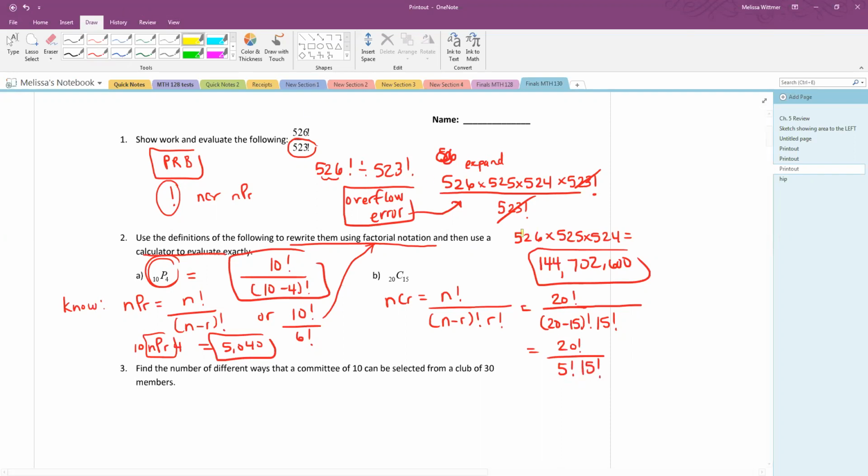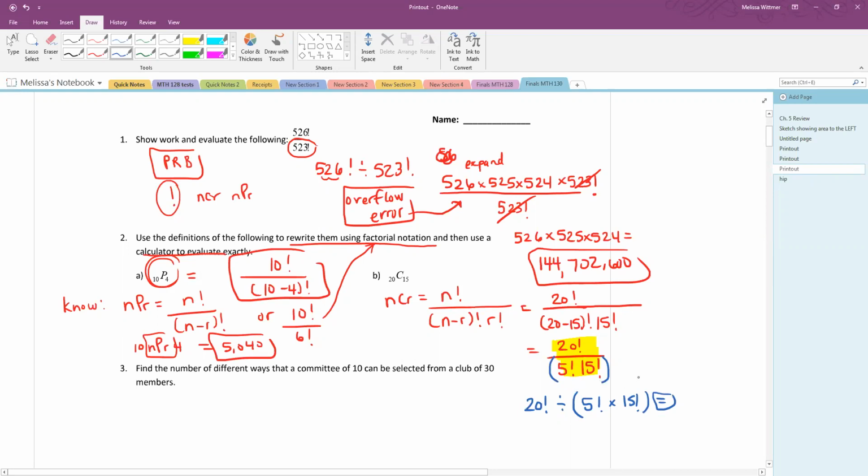Now note, if you're trying to type this particular expression in your calculators, whenever you have multiple factorials in the denominator, you do have to enclose that in parentheses. So you would have to do 20 factorial divided by parentheses 5 factorial times 15 factorial to get the calculator to solve the denominator first before you divide. So that's a little calculator tip there.